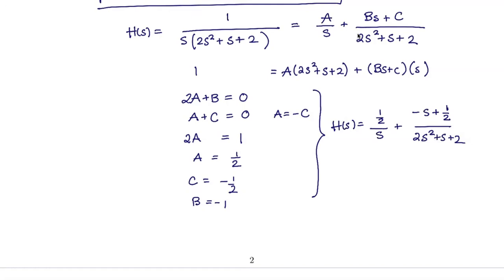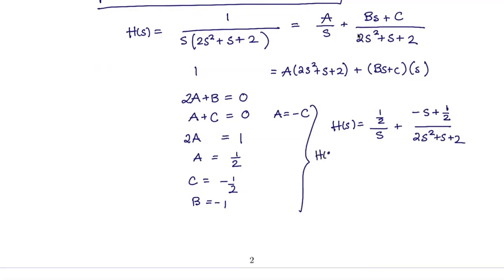I will go ahead and pull my 1/2 out of both of these terms. And so that when I do that, I get 1 over s. And I'm going to pull out a minus on the second term so that I end up with s plus a half, and the 1/2 is coming from the denominator. So let me go through that.